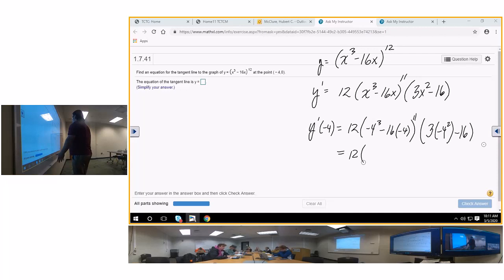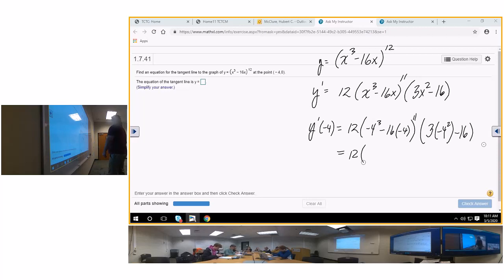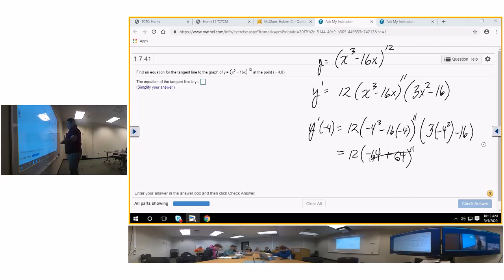Isn't that a 0? Somebody check me. No, that's 56. What's 16 times 4? That's 24. 64. But it looks like to me that's going to be 0. Y'all check me. What's -4 to the third power? 64. -64 plus 64. They may have wanted it to go out because it takes out everything. It takes out the whole thing.